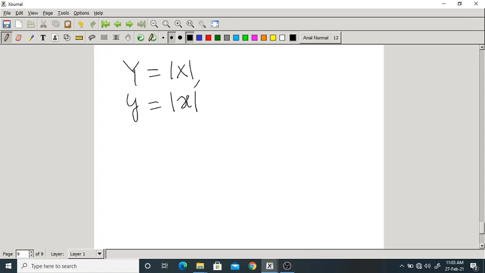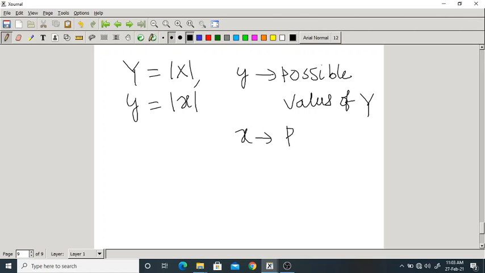So please remember, small y is a possible value of capital Y. In the same way, small x is a possible value of capital X.